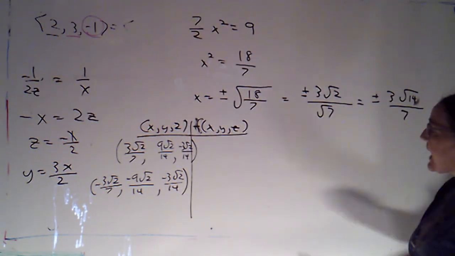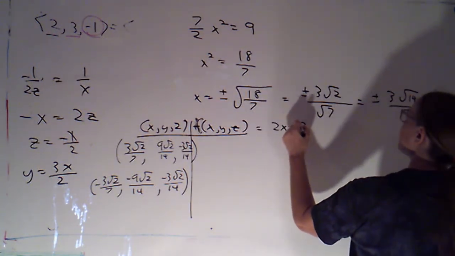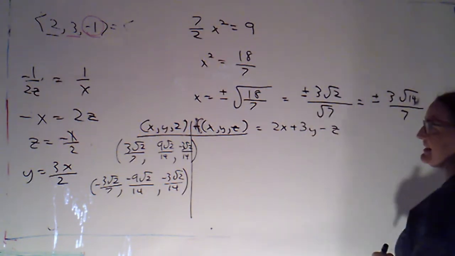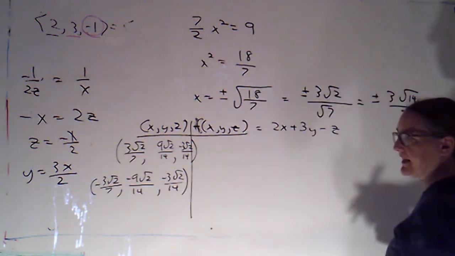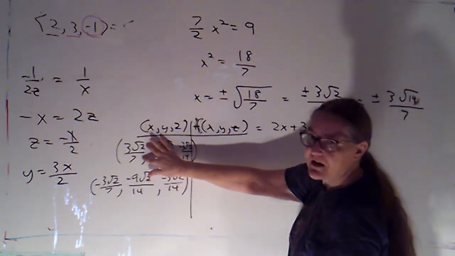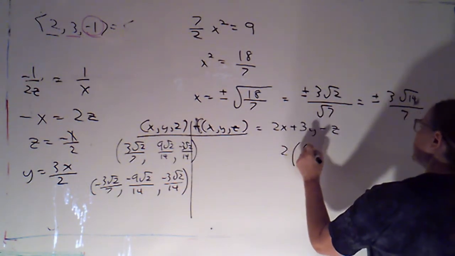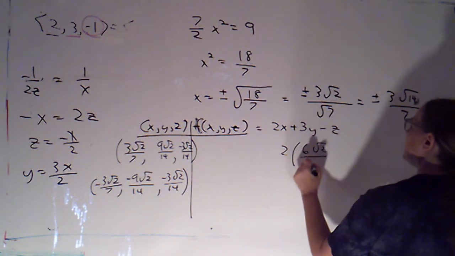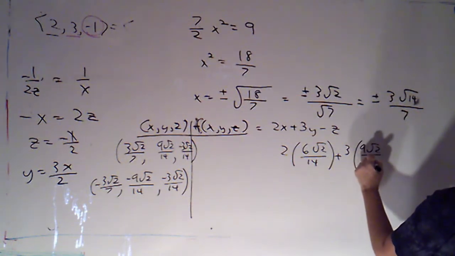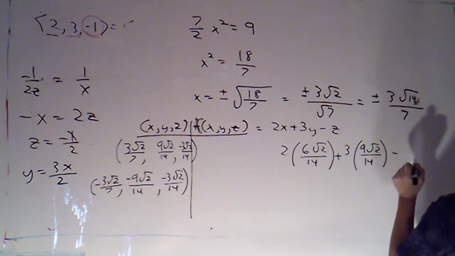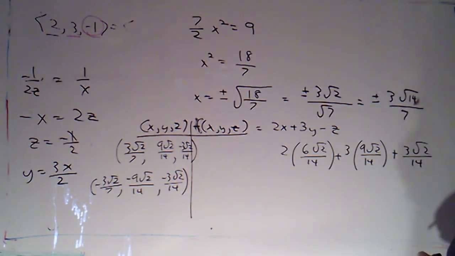Excellent. So now let's evaluate f. It's been a while, but f was 2x plus 3y minus z. So what I'm going to do is first of all just get a common denominator. I can rewrite this as 6 over 14 times root 2. So 2x is 2 times 6 root 2 over 14, plus 3y will be 3 times 9 root 2 over 14, minus z will be plus 3 root 2 over 14.